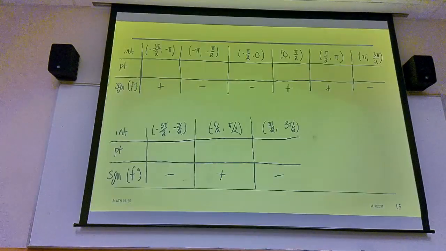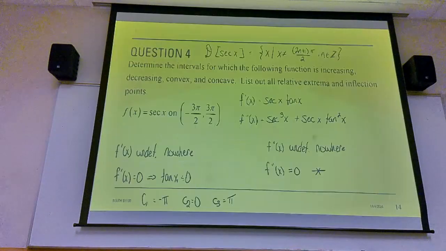Are they in our domain? Secant's undefined at those 2 points, which means there are no inflection points. Here's how you could also tell. Did we list any critical points of the first derivative? No, which means there can't be inflection points. So that's a trick.